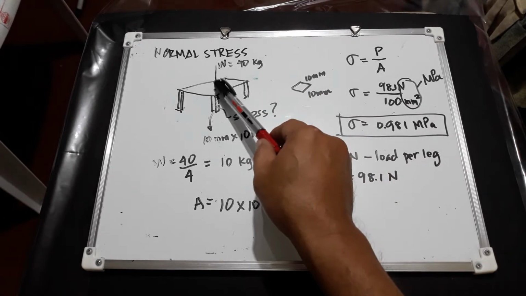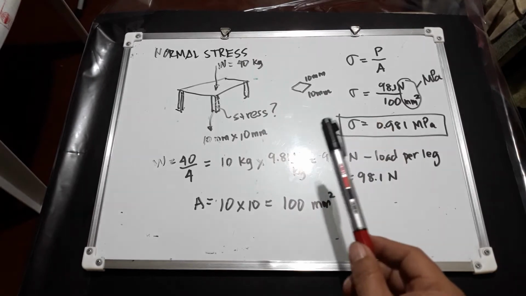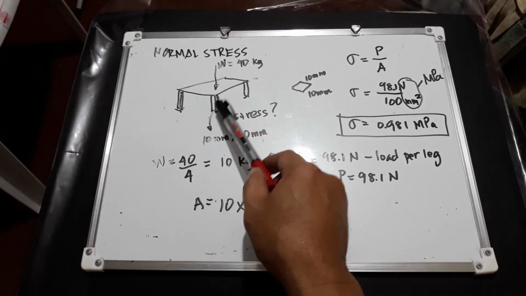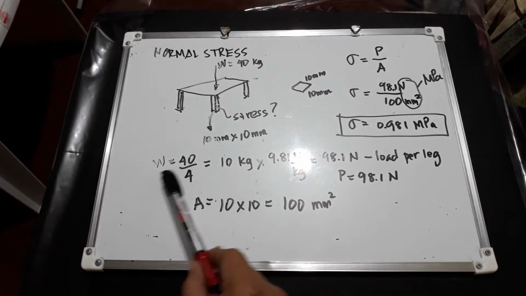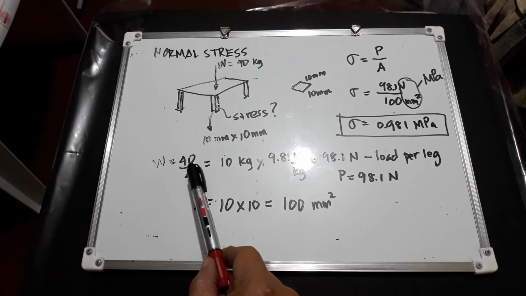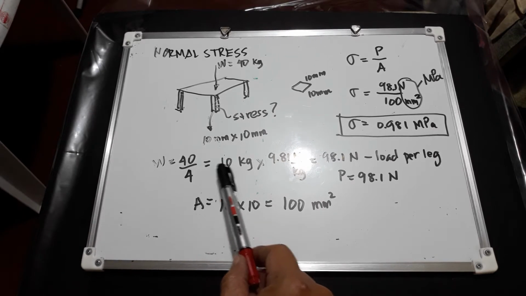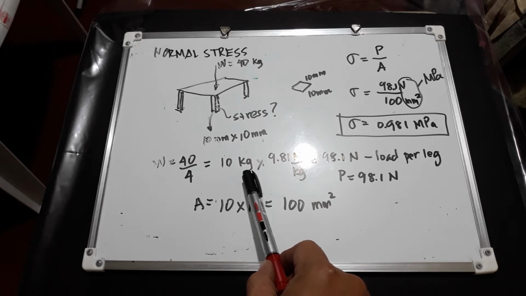So if the weight here is 40 kilograms on the table, how much load is being carried by each leg? So it means that we need to divide the weight, which is 40 kilograms, by 4, because there are 4 legs, which is equal to 10 kilograms load per leg.